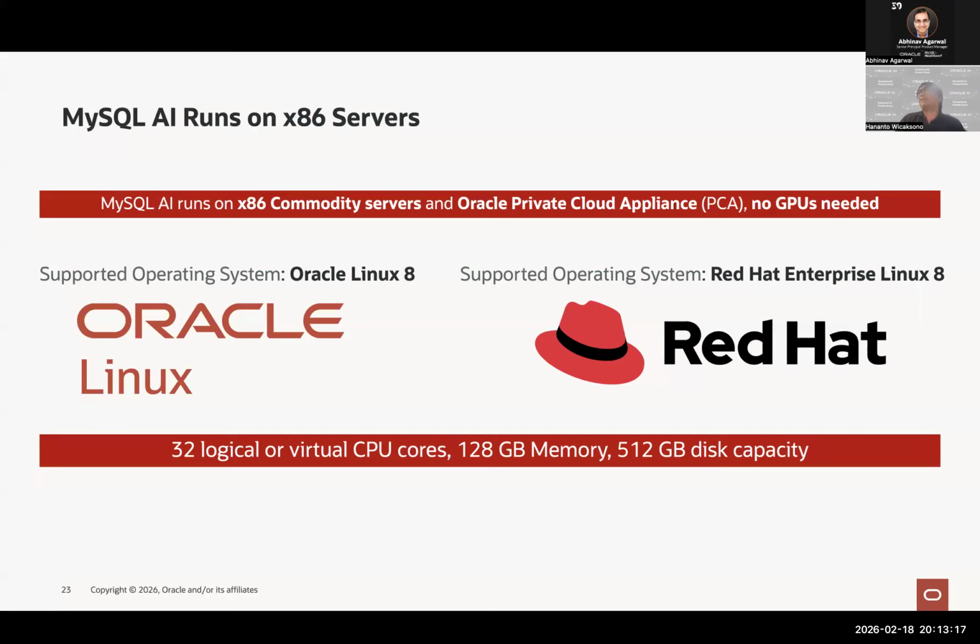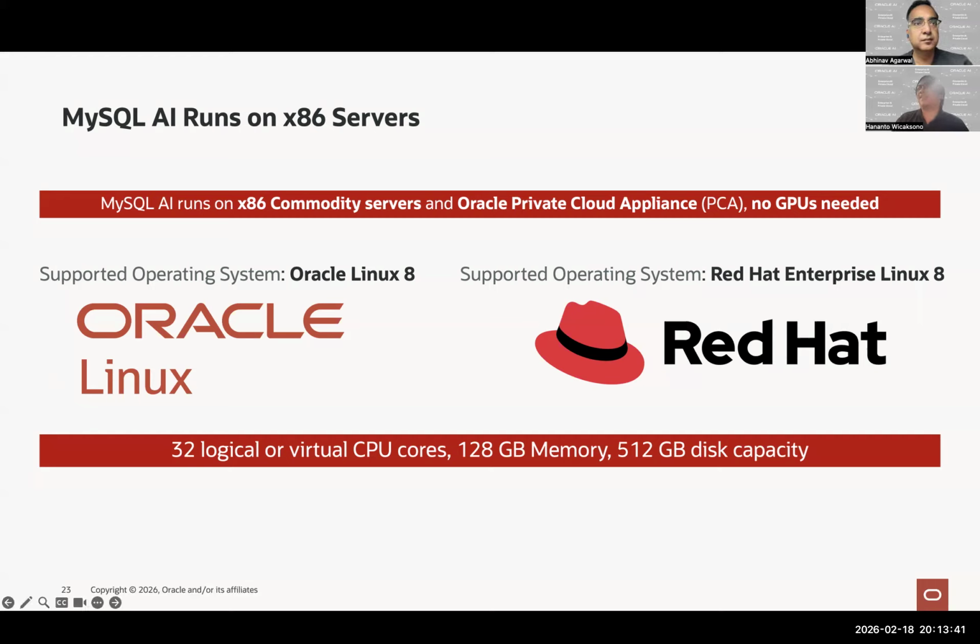However, this minimum requirement can be bypassed if you have less server capacity by installing the MySQL AI binary with the ignore prerequisite check option during installation. But we always suggest you install MySQL AI on at least the minimum server configuration.